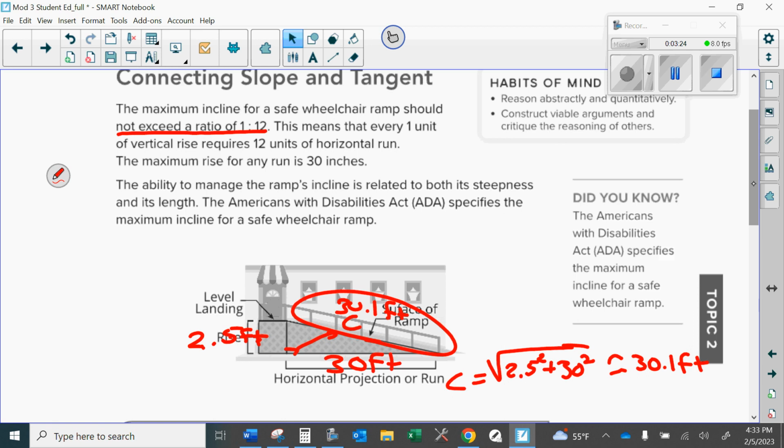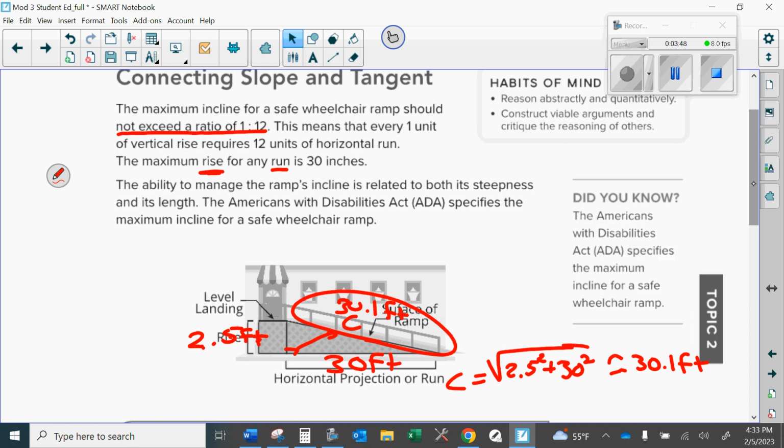It says this means that for every one unit vertical rise, it requires 12 units of horizontal, 12 times as long. The maximum rise for any run, so rise would be the y, for any run is 30 inches.